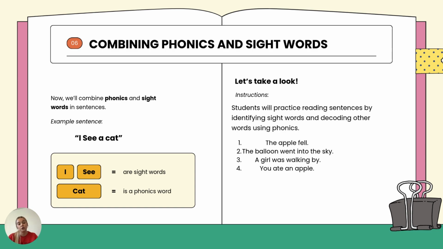So I'm going to have you do 2, 3, and 4. I'm going to read them, and then you're going to tell me what the sight word is and what the phonics word is. So number 2 says, the balloon went into the sky. That one's a little tricky. Can you figure out which ones are the phonics and sight words? The, great job. And balloon, great job. Number 3 is, a girl was walking by.